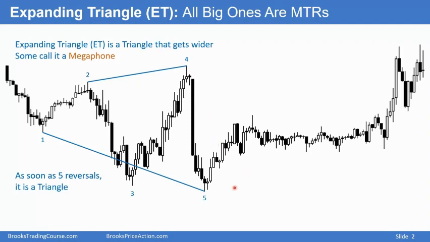An expanding triangle, if the pattern is big enough, contains 15, 20, 30 bars, it's always also a major trend reversal. Here, it's a lower low major trend reversal. You can call it a double bottom, but it's slightly lower low.